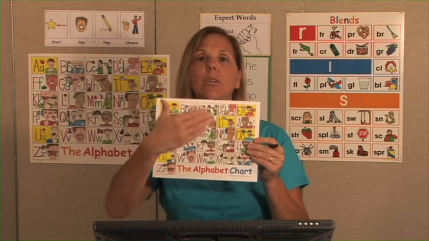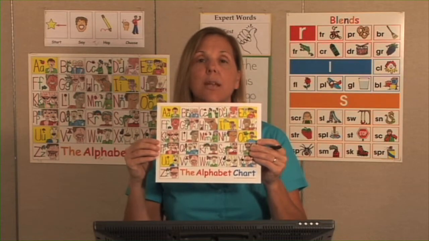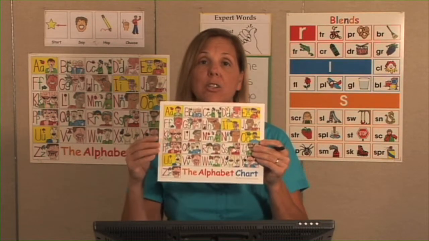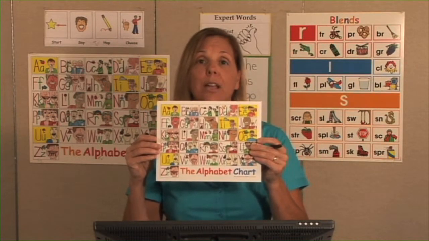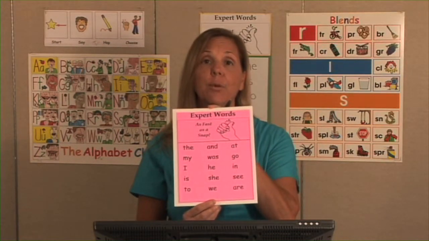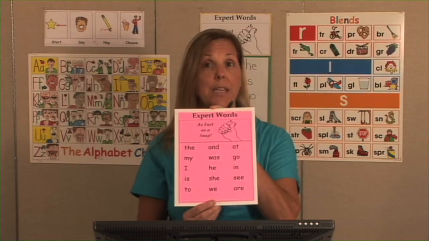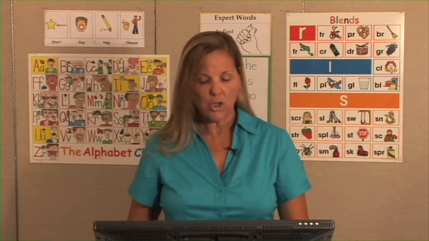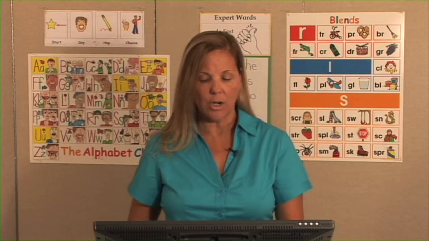Right at hand, they'll go to the ABC chart if they need to segment a word and find letters to match the sounds in order to write down an unknown word, or they'll flip the chart over to find a high frequency word, a word as fast as a snap they need to write down. So every child has an ABC chart.